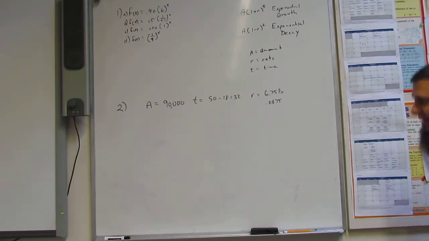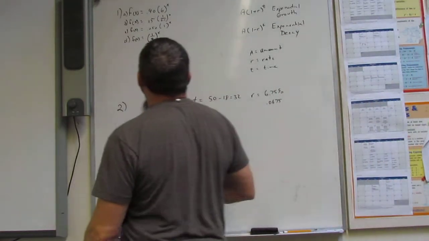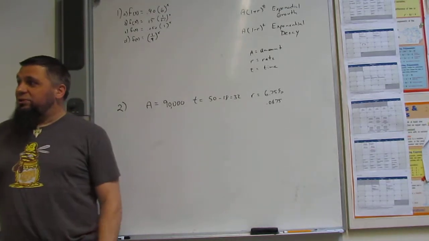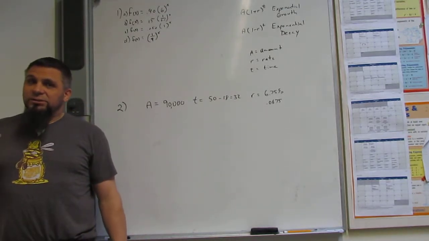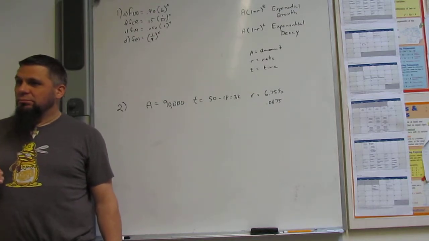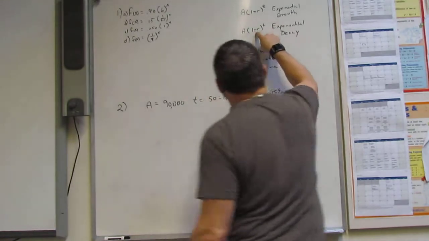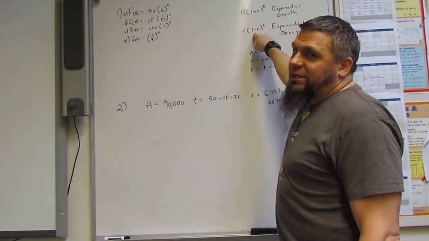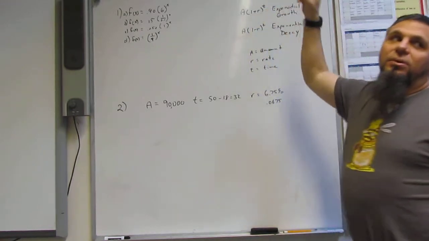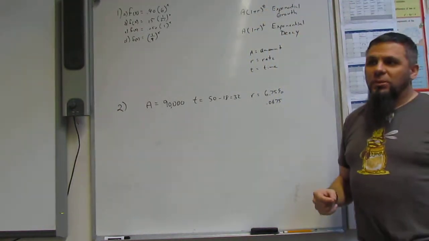With that said, if you have a number between 0 and 1, you're going to have decay. Okay? If that number is less than 1, you're going to have decay. If that number is greater than 1, you're going to have growth. Okay?